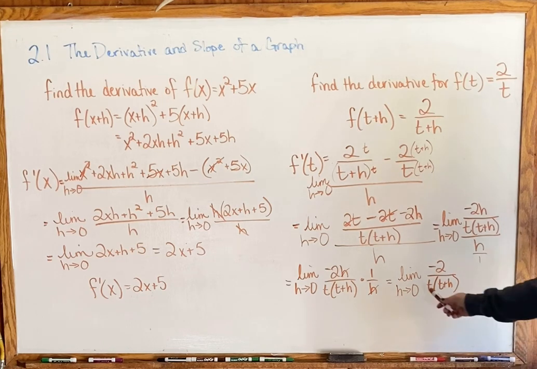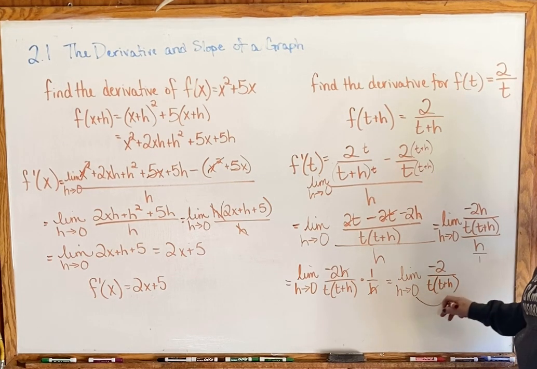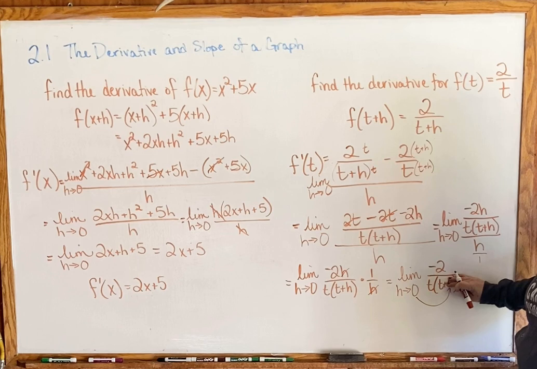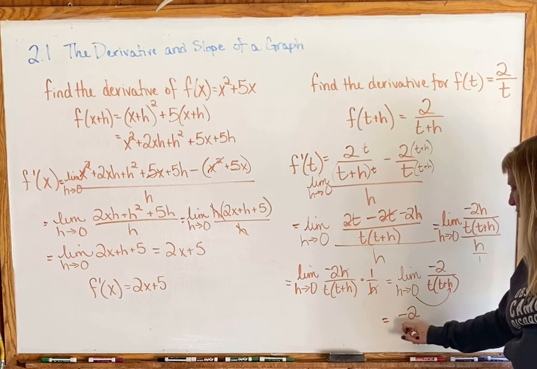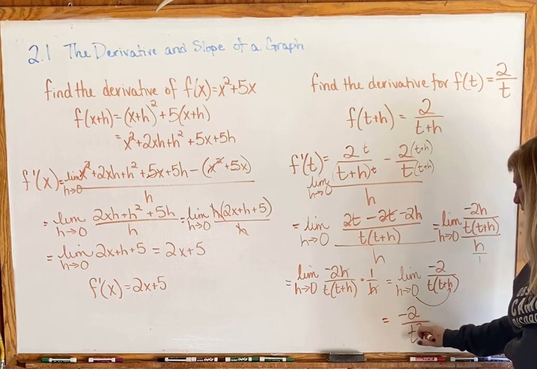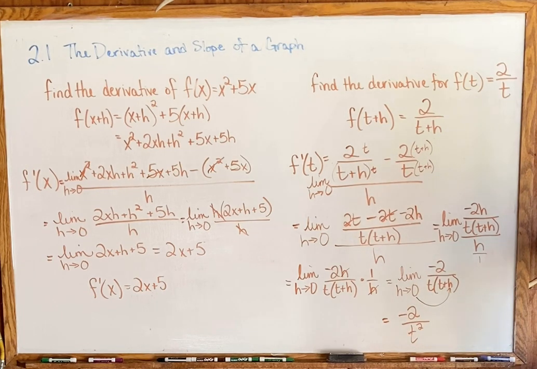But if we plug in 0 there, that's just going to disappear. Does the bottom of the fraction become 0? It doesn't, does it? So if we plug in 0 there, we end up with negative 2 over t squared. So we found that the derivative is negative 2 over t squared.